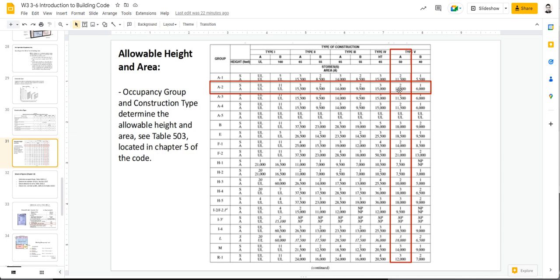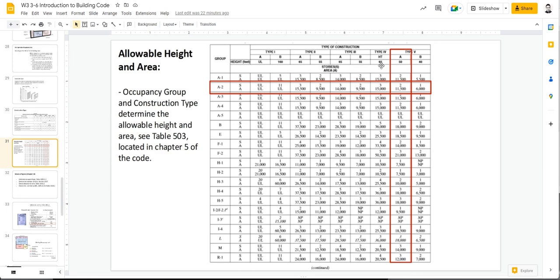And how big of a building can you build? Well, 11,500. Okay. If you change your structure to like timber, you know, 8 by 8 wood or whatever, then you can potentially now build a 3 story building. The walls will not necessarily be 3 hours.